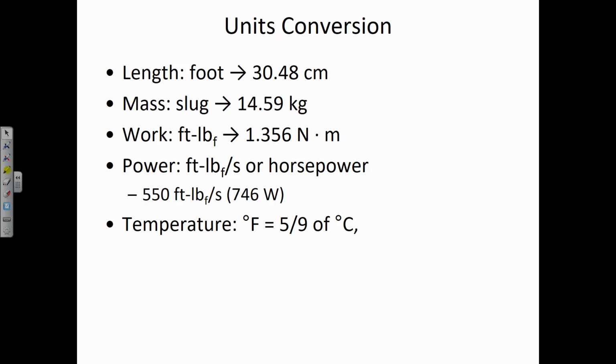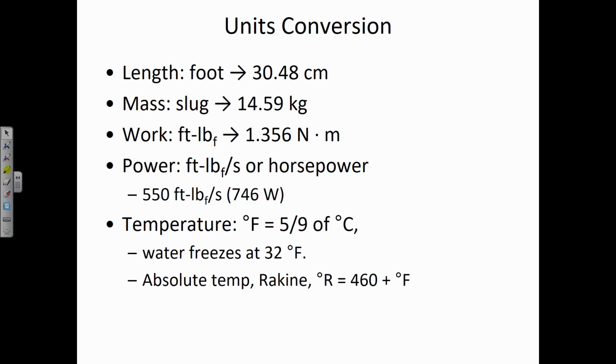We'll have an example in just a moment where we do some temperature conversions. In the gas law examples, if you're working in the traditional units, you have to use units of Rankine, and that's the absolute temperature scale for the British gravitational units.